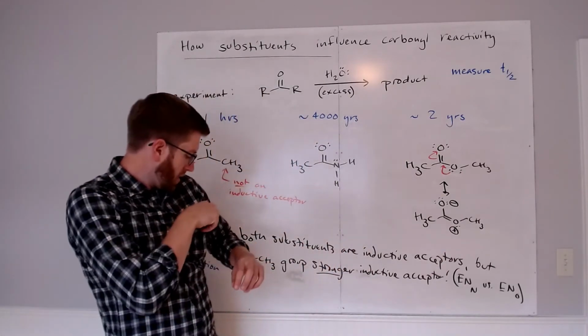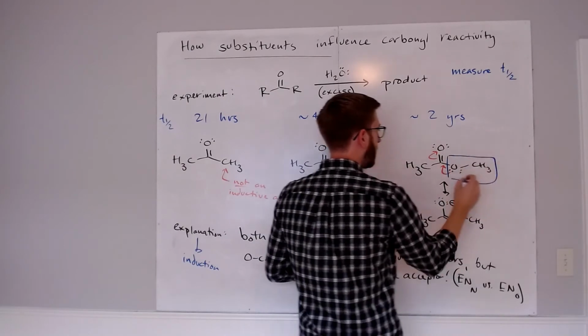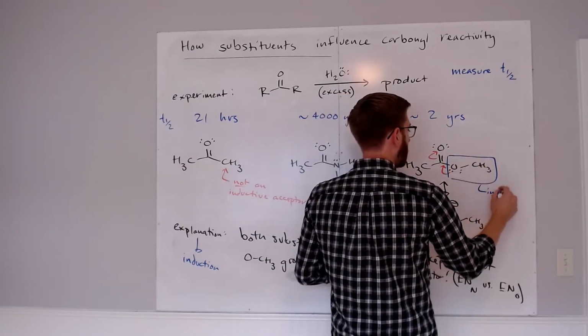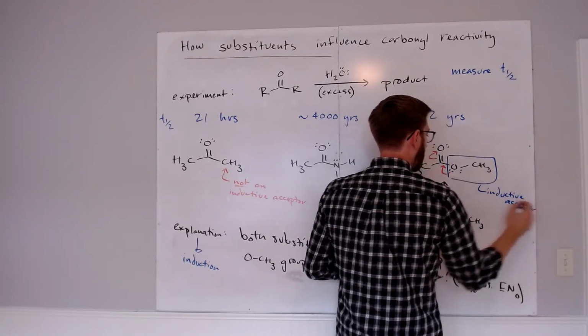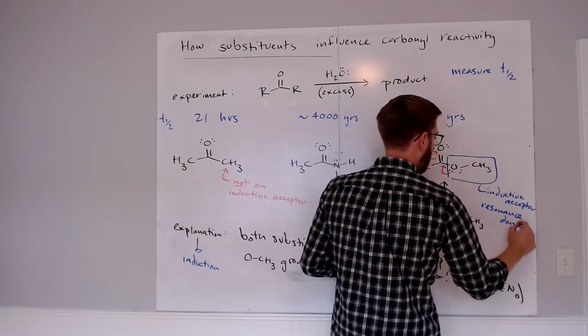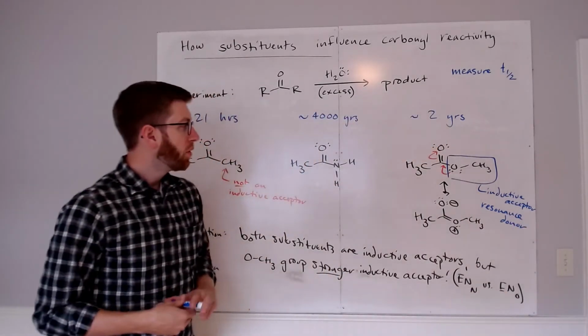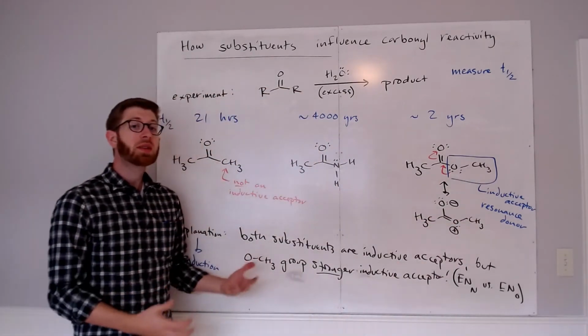So we could say that this oxygen group here is an inductive acceptor, but a resonance donor. So that's kind of complex. The substituent is doing two things at the same time.